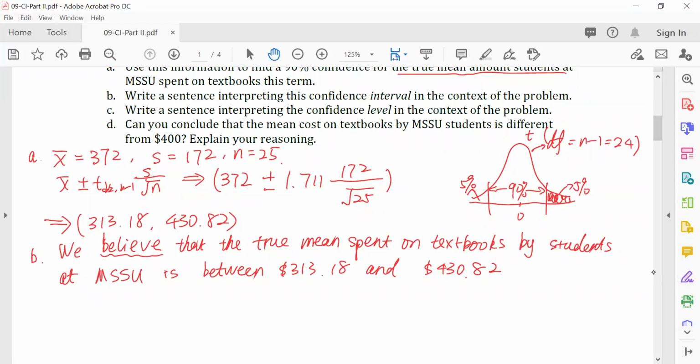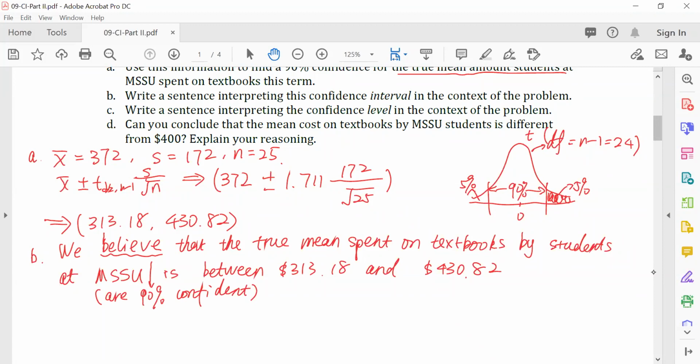Would you say 90%? Yes, 90%. So we believe, and how confident are we about our belief? We are 90% confident that the true mean blah, blah, blah. Okay, so that is for part B.